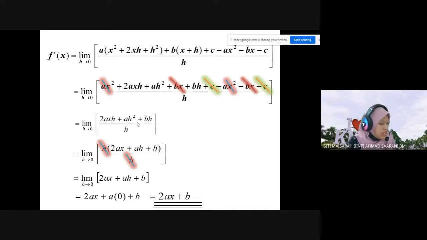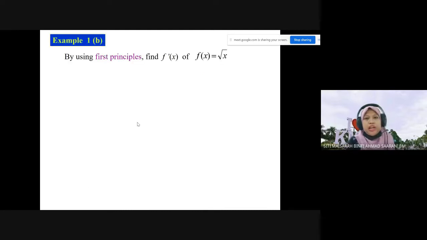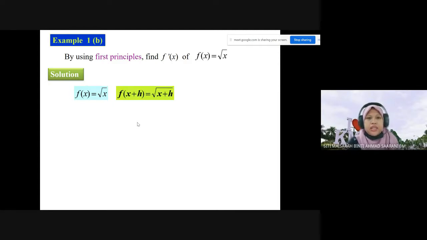Okay. Next we continue with example 1b. By using first principle, find f prime x of f(x) equals sec x. So this is the function sec. First we identify f(x). f(x) is sec x, and then f(x plus h): we just substitute x with x plus h.